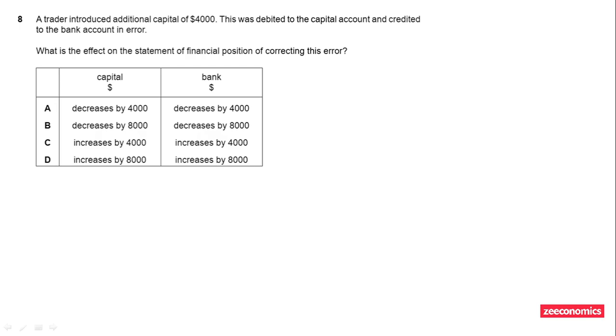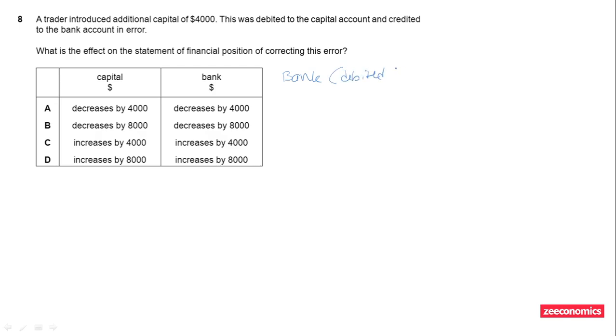Now, first let's understand the correct entry for introducing additional capital into the business. I'm going to show you the correct double entry bookkeeping entry for the bank account. Whenever the owner of the business wants to introduce additional capital into the business, the bank account will increase. If the bank account increases, then we need to debit the bank account.